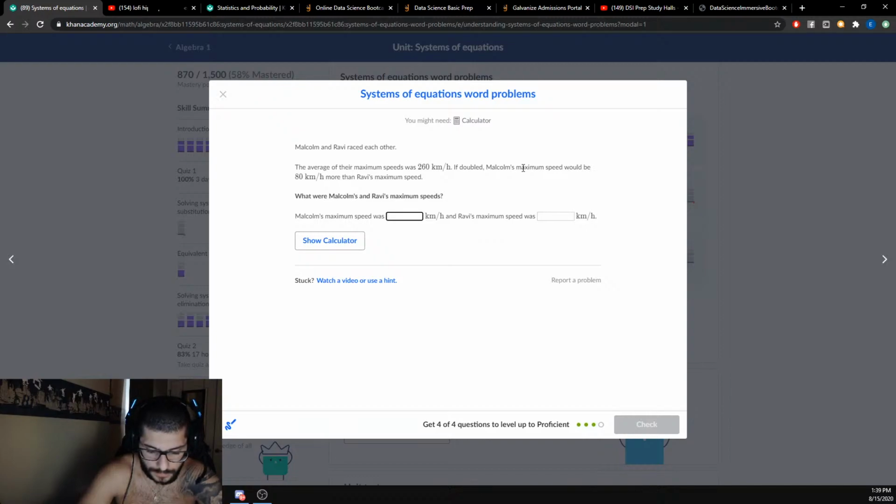So it would be doubled Malcolm's maximum speed.